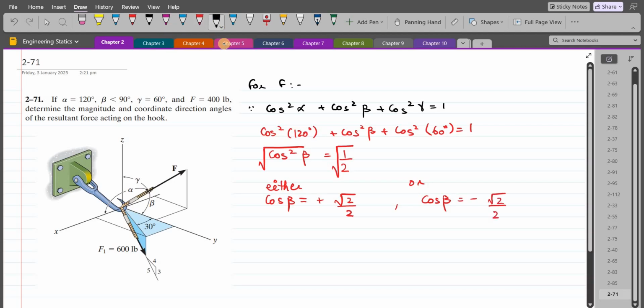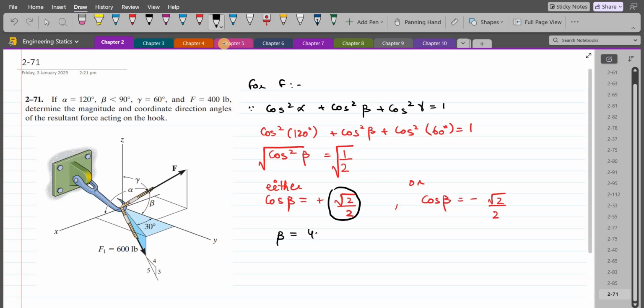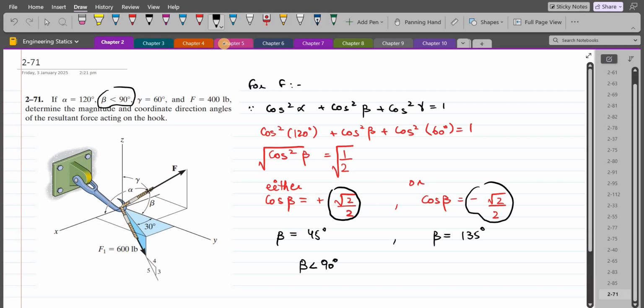From the positive cos value, if you take the cos inverse of this value, you would get beta as 45 degrees. And from the negative cos beta, if you take the cos inverse, you would get beta as 135 degrees. Since beta has to be less than 90 degrees as given in the problem statement, this is the correct value of beta.